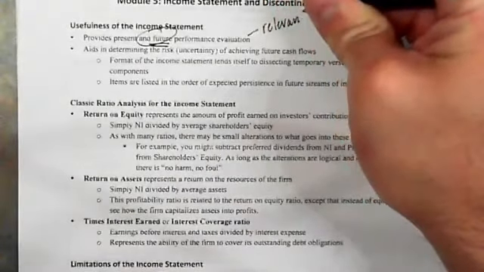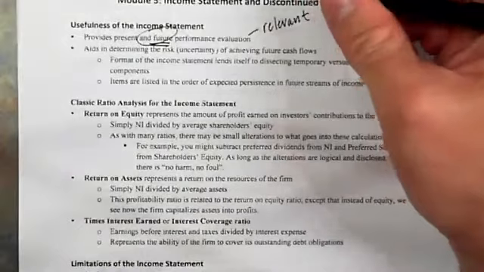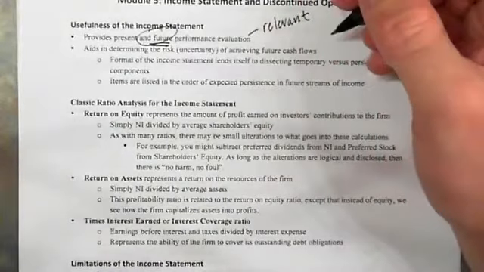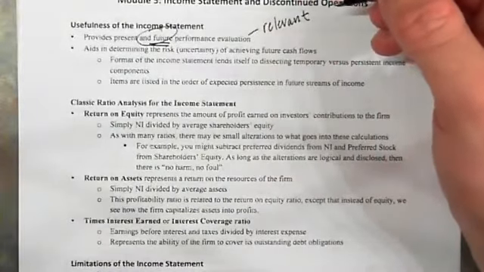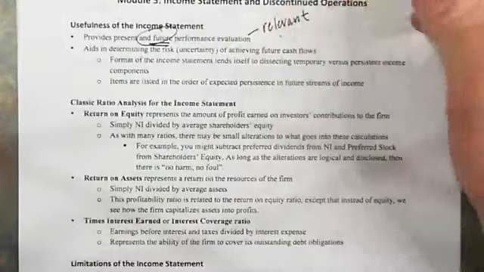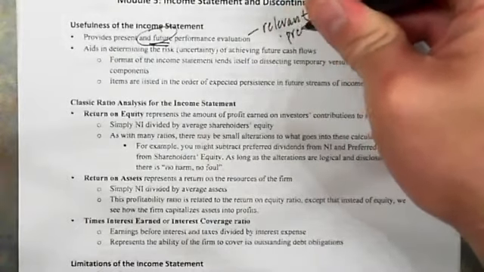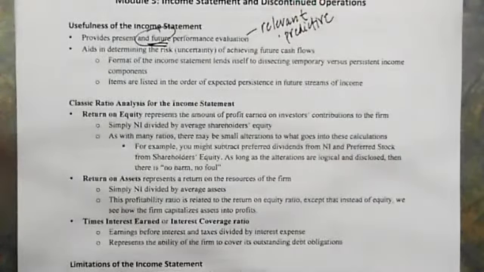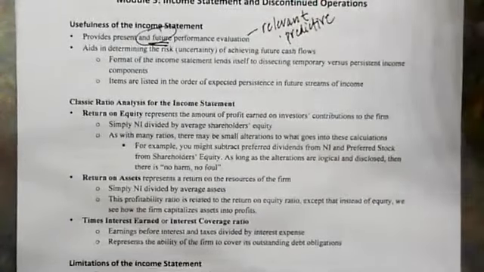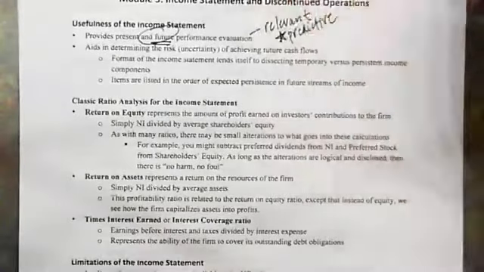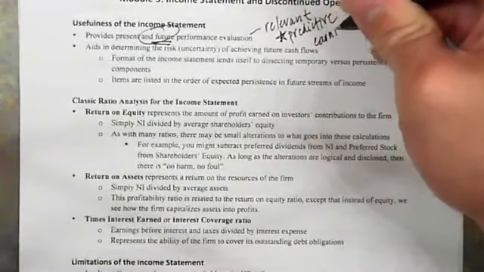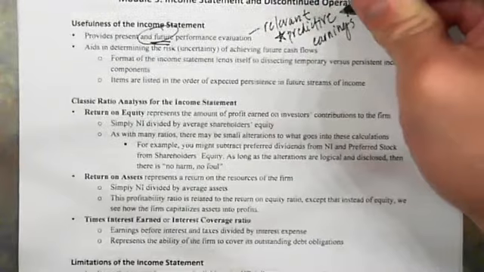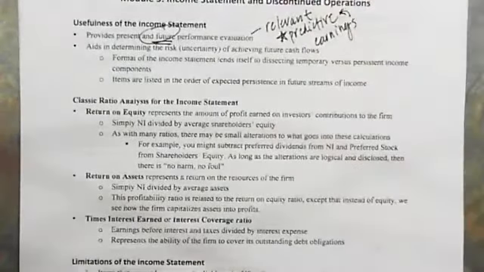If you recall, relevant information helps us make a difference in a decision that we're trying to make about a company. And one of the items under relevance is that it has predictive value. That's really important with the income statement in particular, because we want our earnings to have predictive value. We'll talk a little bit more about that when we talk about the quality of earnings.